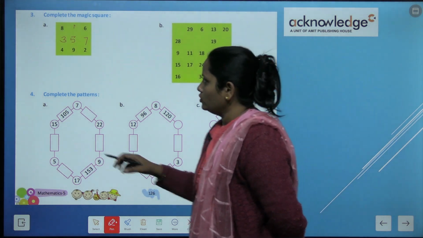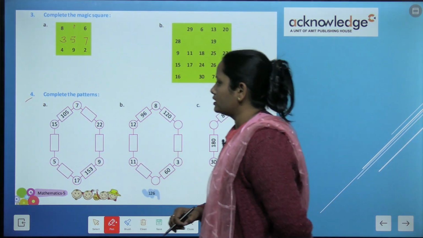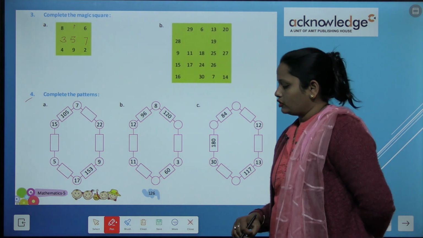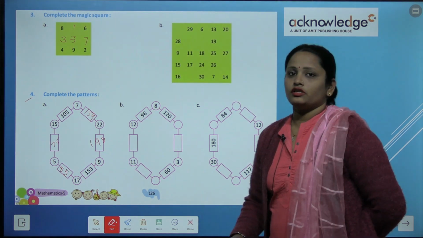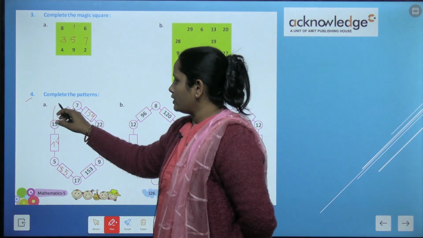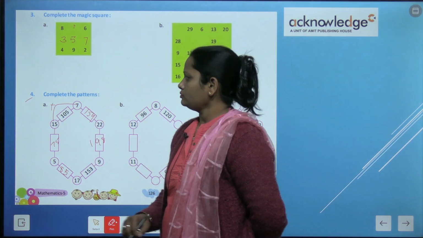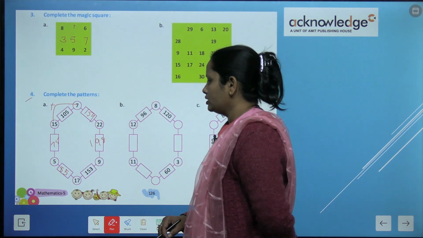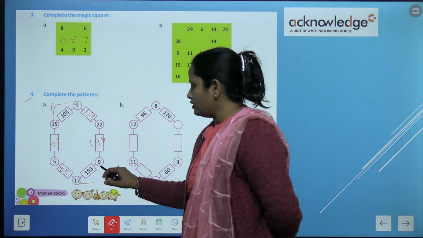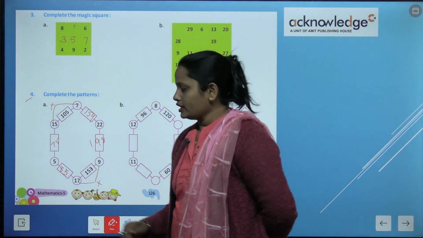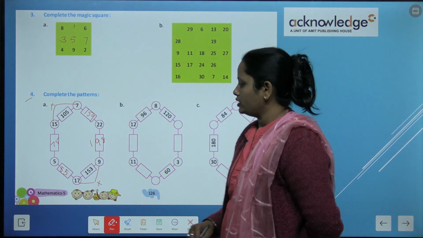Now let's move on to question number 4, complete the pattern. Here you can see various numbers are written. We have to complete this pattern. So children, in this first question what we did, we have multiplied these two numbers. 15 multiply 7, then we got 105. Similarly, we have multiplied these two numbers, 17 multiply 9, so we get 153.